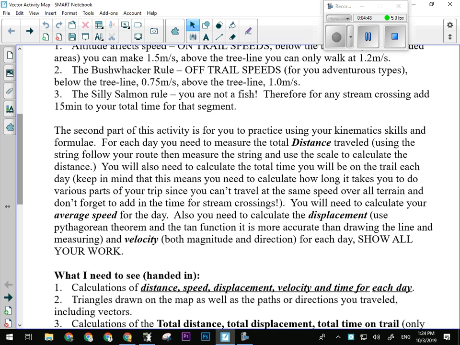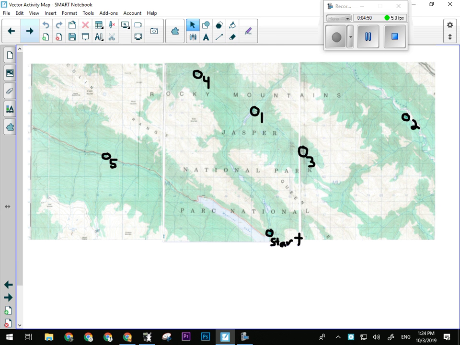All right, so what we're going to be looking at here is, for example, if I want to go from start to point number 1 here, there's actually a trail that runs along the river. So I would draw this line, and that would represent my distance. And I would measure that using the headphone cable or shoelace or whatever. My displacement would be this line.